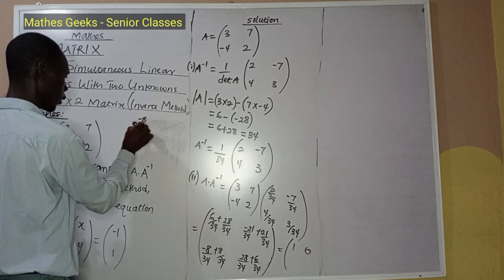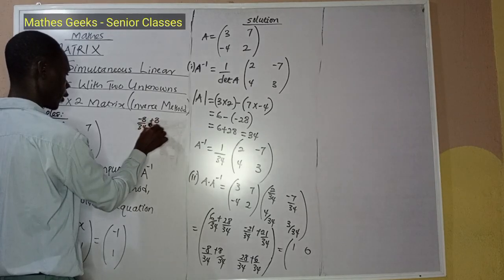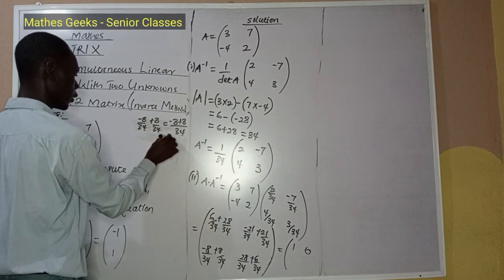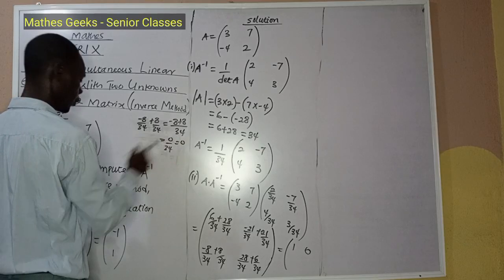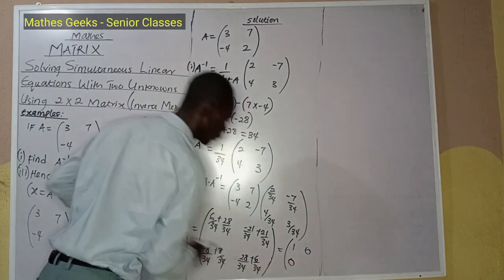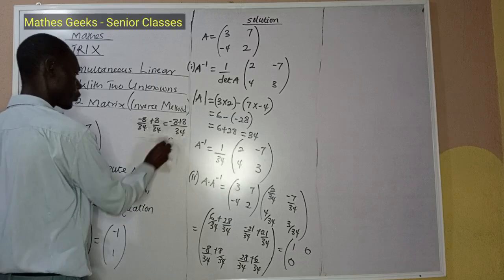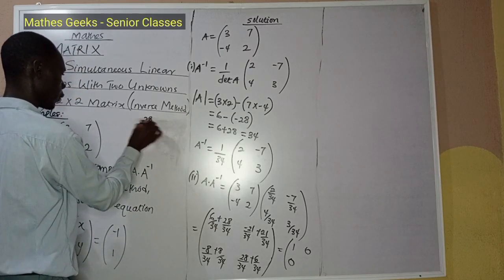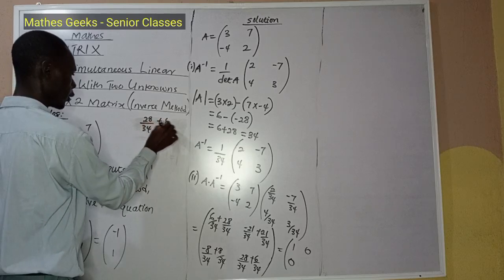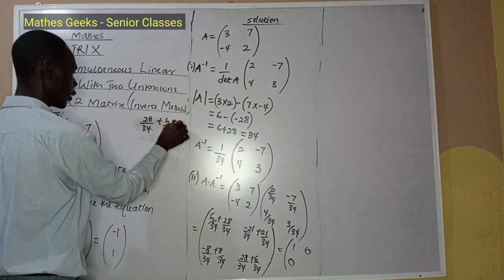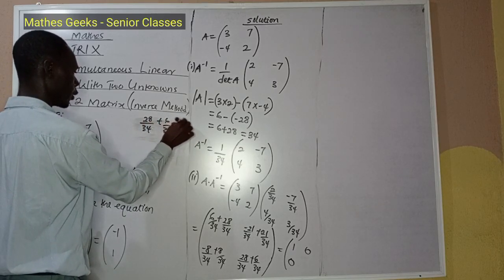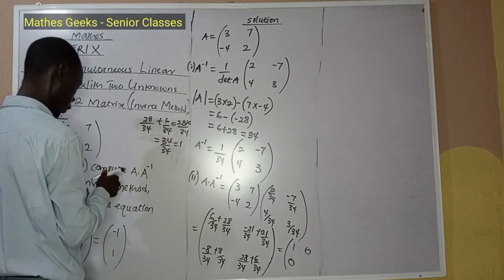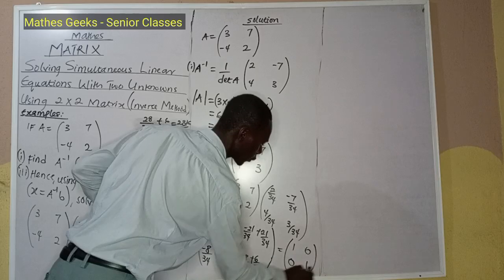-8 over 34 plus 8 over 34 is -8 plus 8, 0 over 34, which is equal to 0. And 28 over 34 plus 6 over 34, 28 plus 6, which is 34 over 34, which is 1.